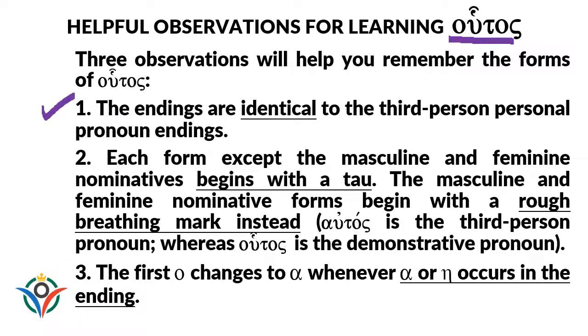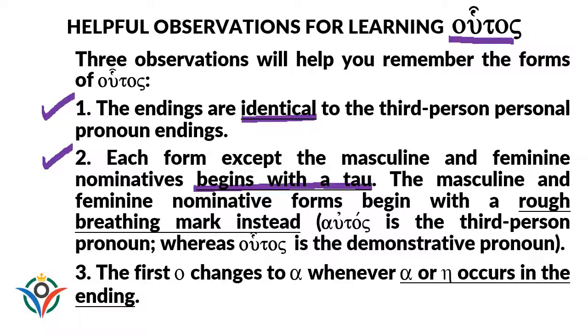The first one is the endings are identical to the third person personal pronoun endings, and I will do some revision with you shortly. Number 2, each form except the masculine and feminine nominatives begin with a tau.